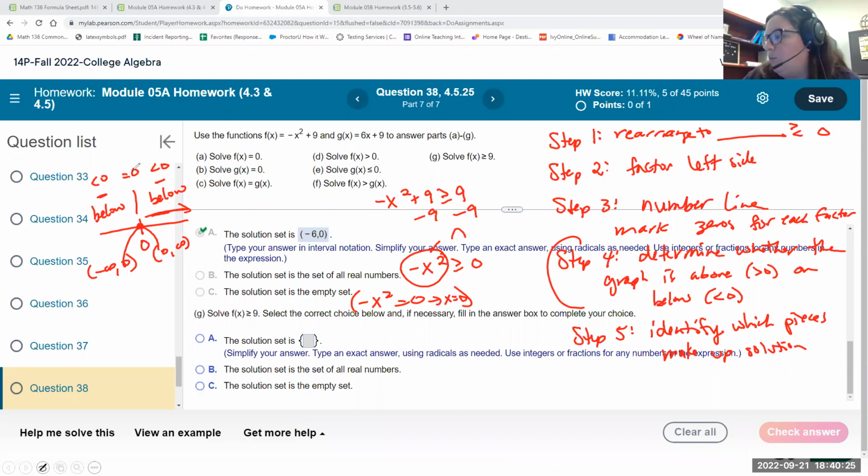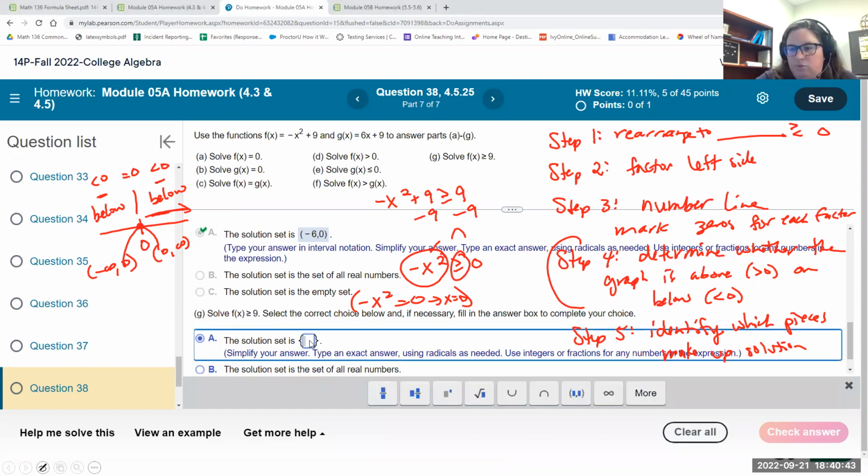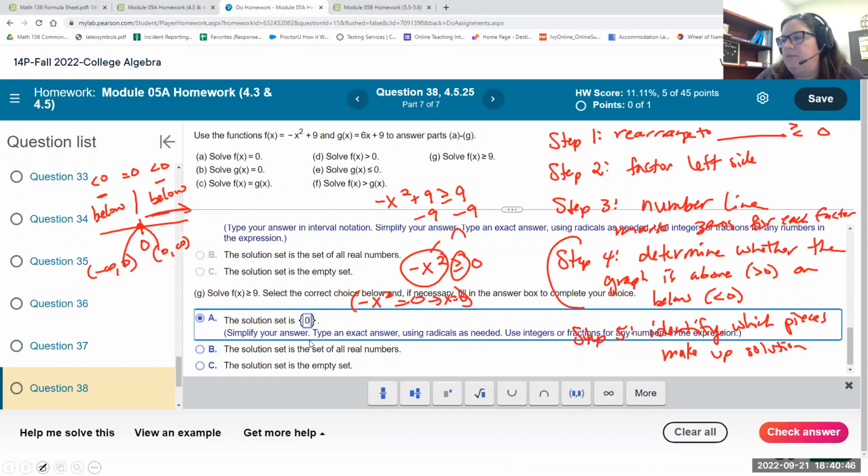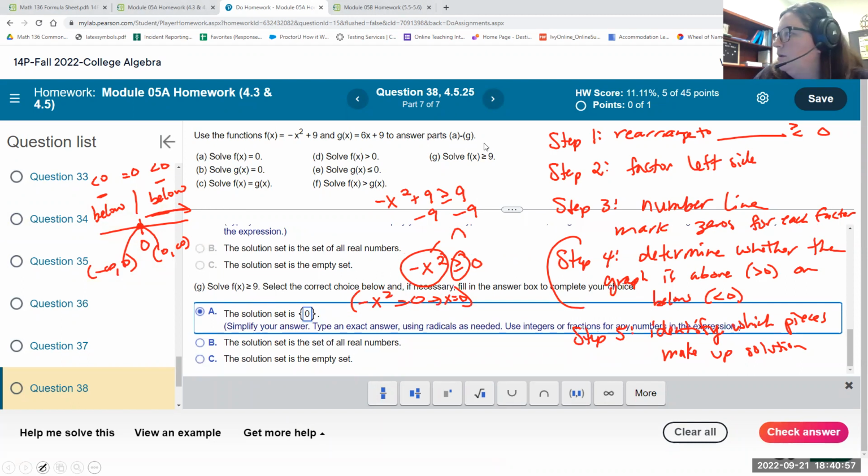I'm looking for where it's greater than or equal to 0. It's not on either side, but at 0 it's equal to 0. So the only solution is that single value 0. You have a hint to that even with the curly braces, indicating you're going to be listing individual values rather than an interval. Only at 0 does it actually work.